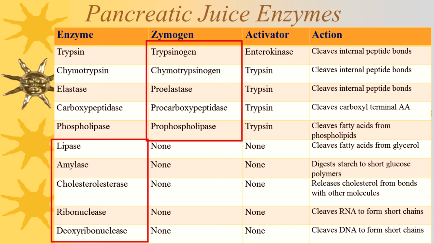Okay, so these zymogens are what are actually secreted. And then these other enzymes are fine to be secreted in the active form, because they won't damage the duct. So now, once these zymogens get into the lumen of the small intestine, they need to be activated.